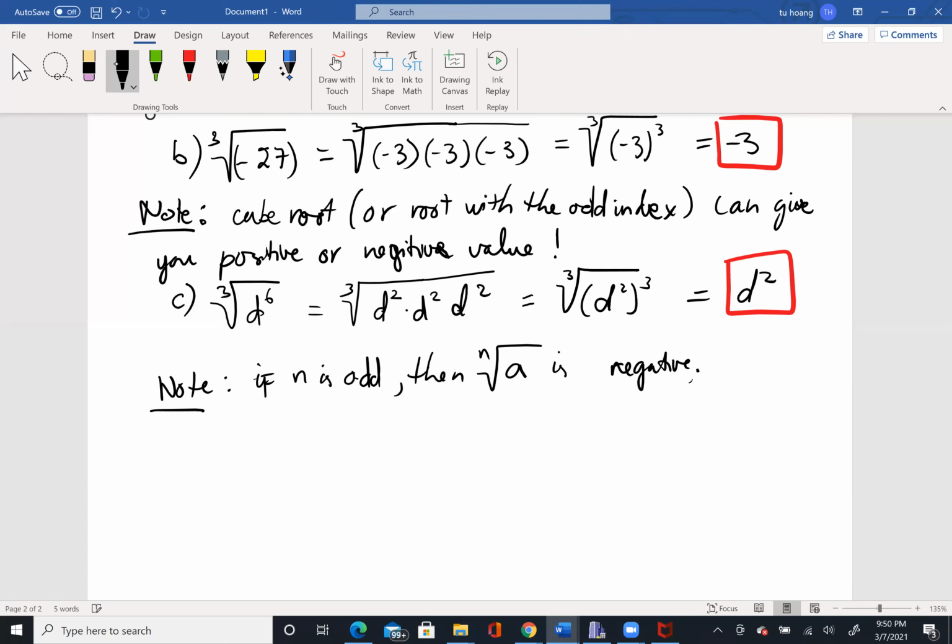So, for example, the cube root of -8 will be equal to -2.